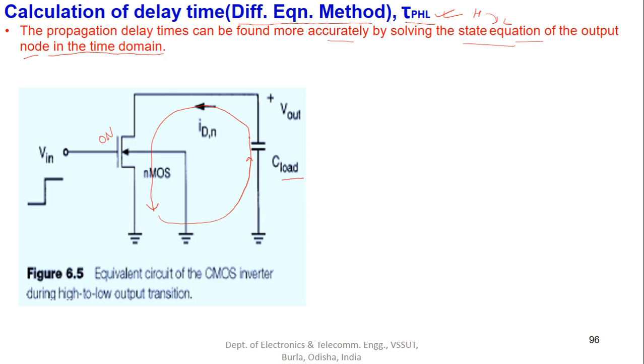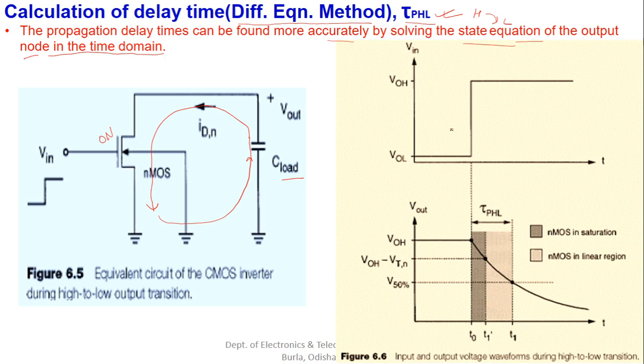Again, the same illustration here: the output is going from high to low. It means that the input is going from low to high, because this is an inverter. So when the input goes from low to high, the output goes from high to low.